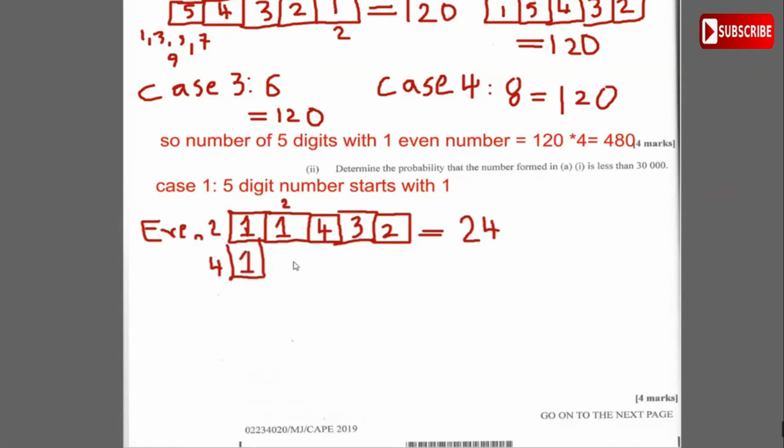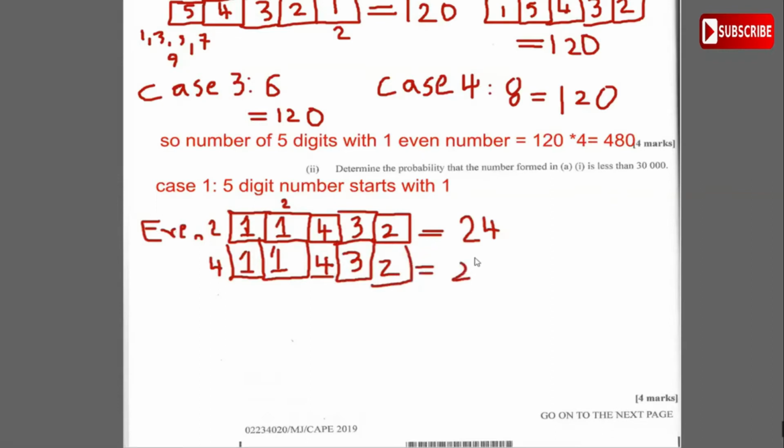And if the even number is 4, then it wouldn't be 2, still one way. We're still left with 4 other numbers to choose from. So it's still 4 factorial, which is 24.